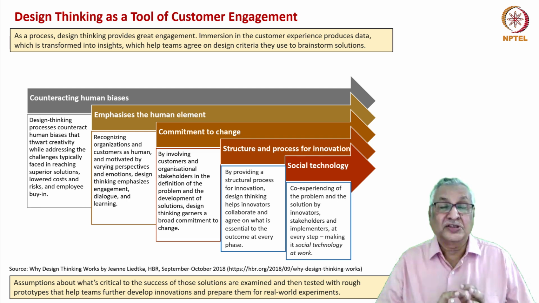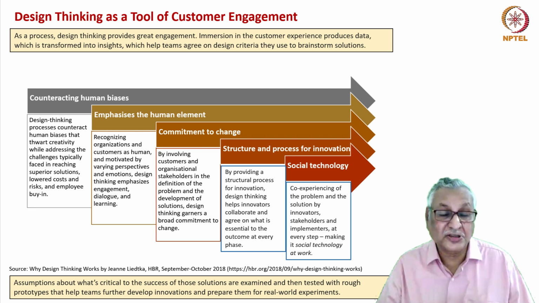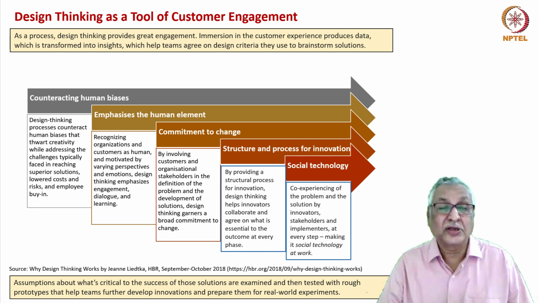Second, design thinking helps us empathize with the human element. We are telling the customer that we care for you and we care for how your product works in your hands. Recognizing organizations and customers as human and motivated by varying perspectives and emotions, design thinking emphasizes engagement, dialogue, and learning.